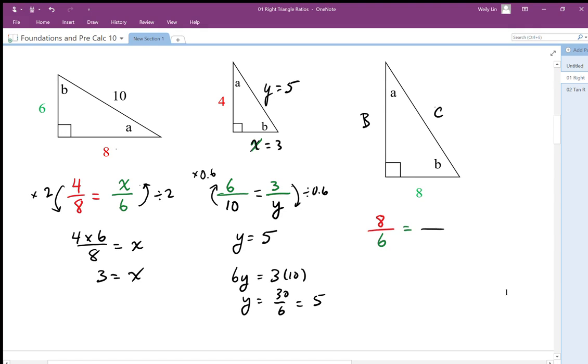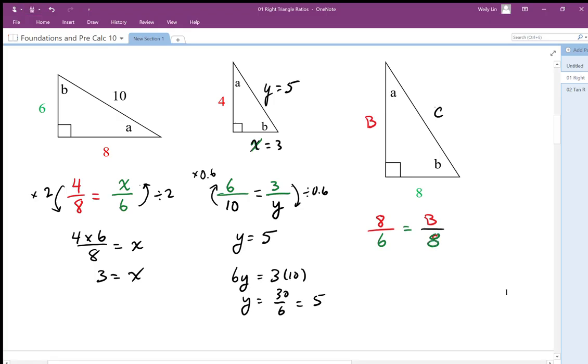So adjacent to side A is going to be B. Maybe I'll color code that so that we're clear: side B is next to angle A. And then I need the side opposite to angle A. So in this triangle, I need to make the comparison with the side length of 8.